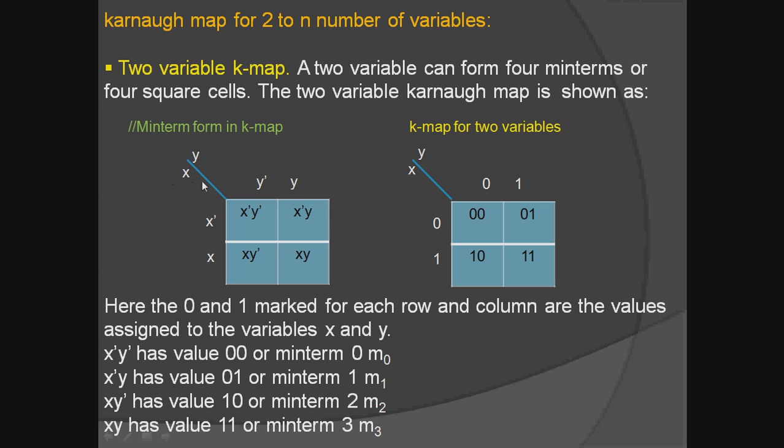So you can see here the two variables x and y. To represent it in truth table format, since it is a min term, it will be AND, so that is x complement y complement, x complement y, x y complement and x y. So that's what is in these four cells.